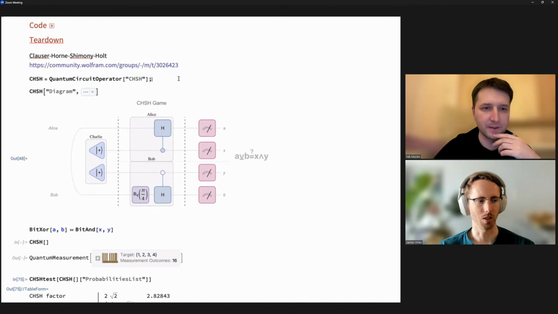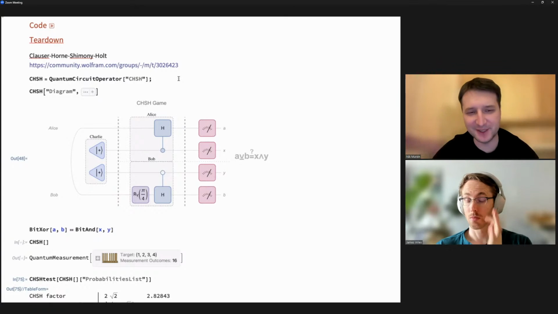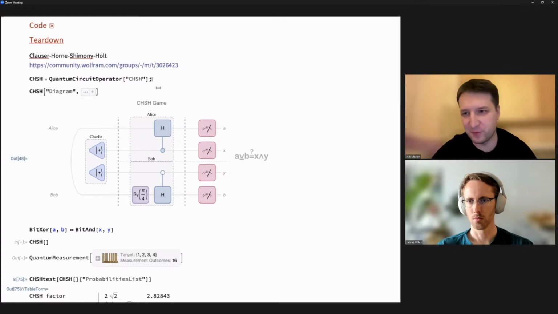Okay, so what is the game? The setup is, as usual, you have some kind of parties. There are 3 parties involved in this game: Alice and Bob and Charlie, right? So Charlie is some kind of referee which monitors the game. He also acts as some kind of random generator, essentially. He's not very important.